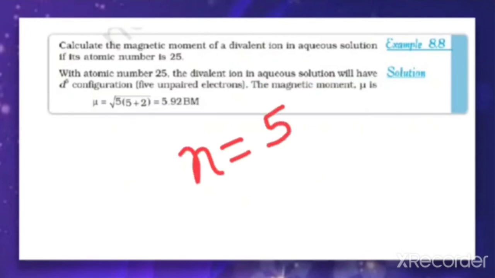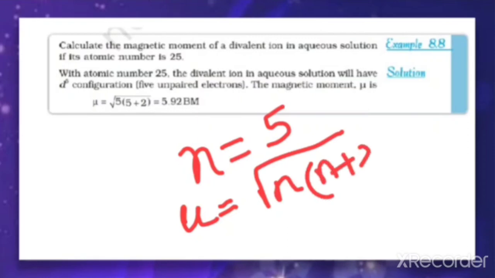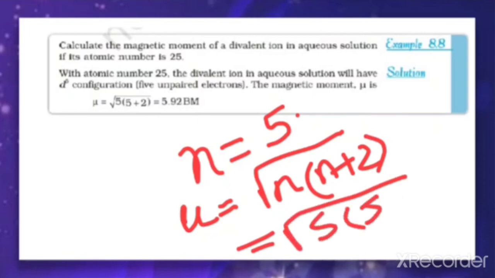So you use the formula, that is the spin only formula, mu is equal to under root n into n plus 2. So when you solve this, what is n? n is equal to 5. So tell me what will be the answer here. Just substitute the value, that is under root 5 into 5 plus 2.